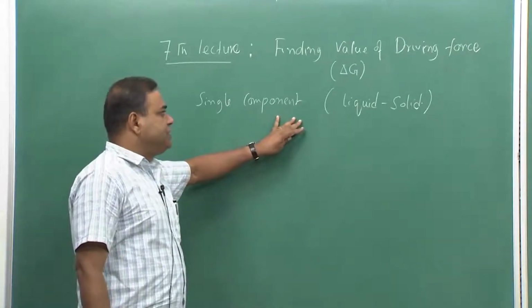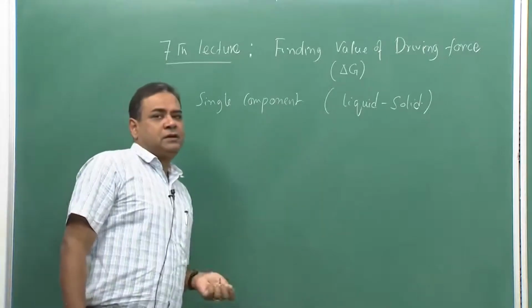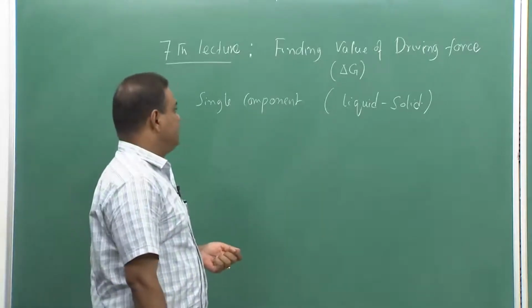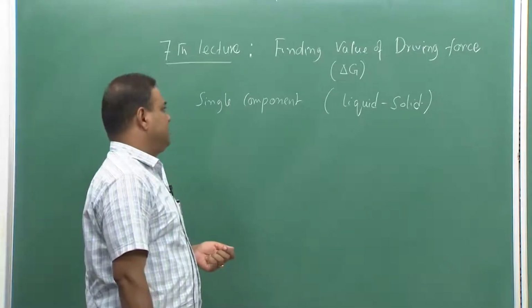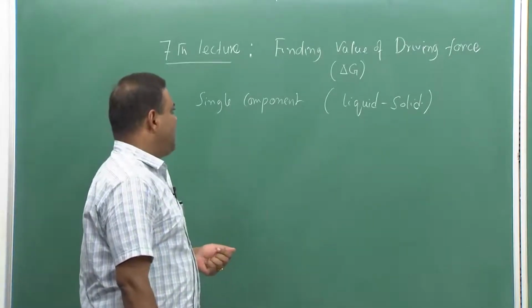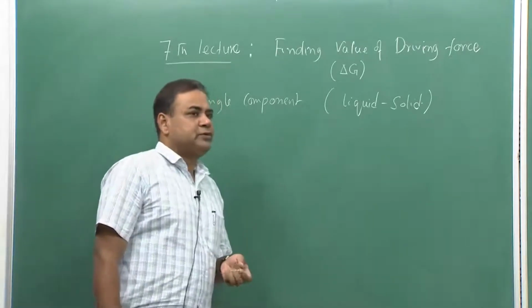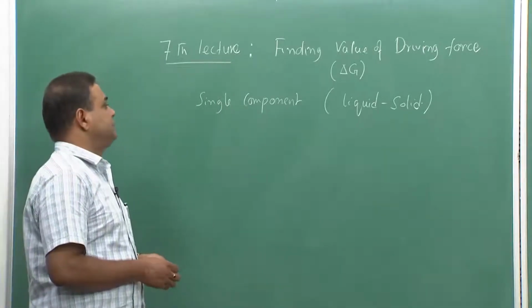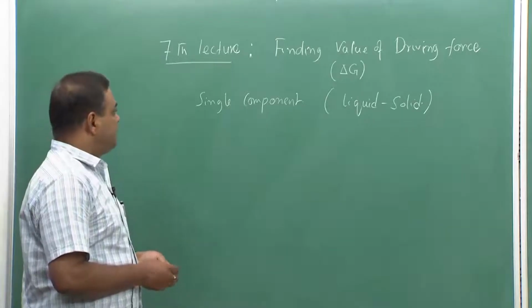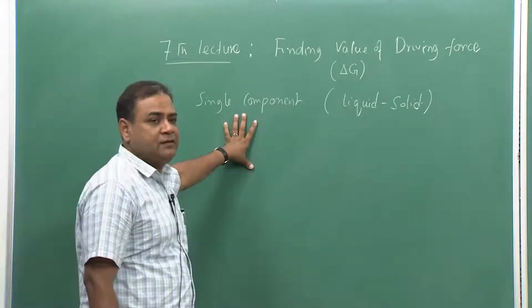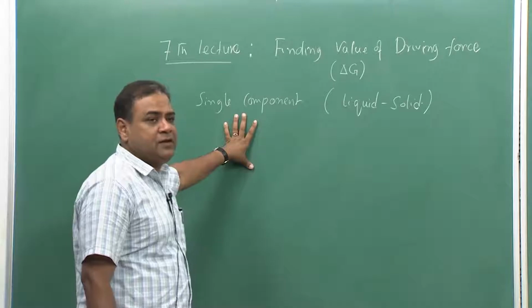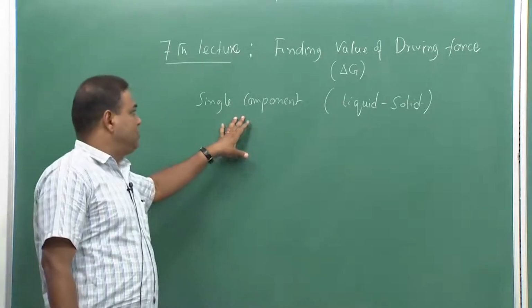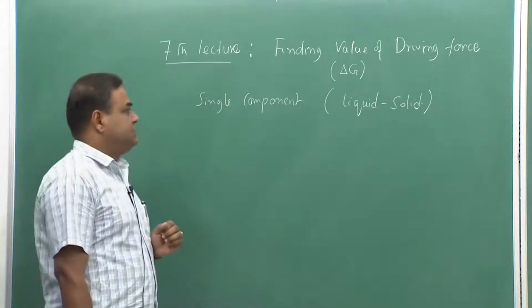This is a comparatively simple derivation, and later on we will go into the solid to solid transformation, which will be a bit more complicated. The single component system is also simple compared to a binary system, where there will be two components.